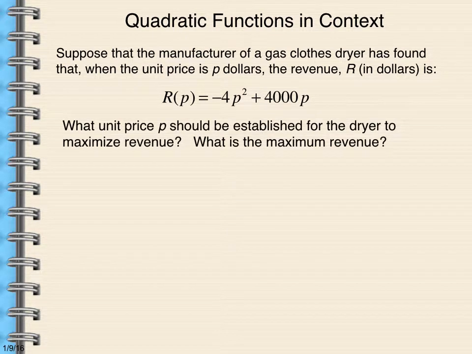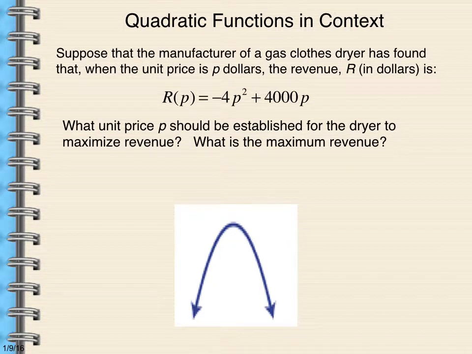What unit price P should be established for the dryer to maximize revenue? What is the maximum revenue? So this is a really common real-life scenario where quadratic functions could be used. And because we're talking about a quadratic function with a negative leading coefficient, we know that it would open down.